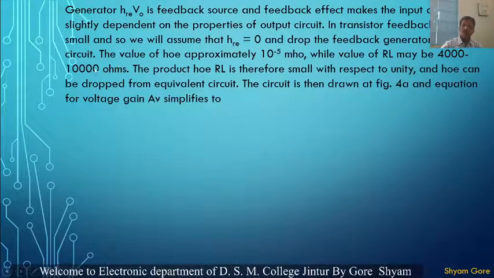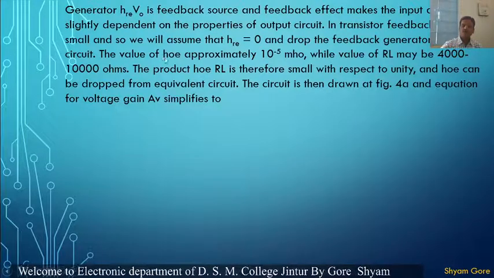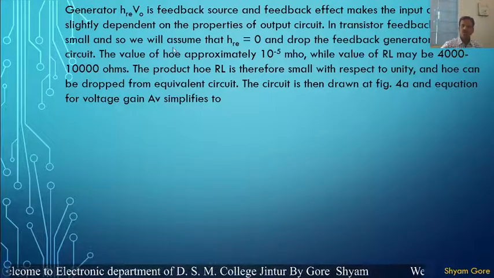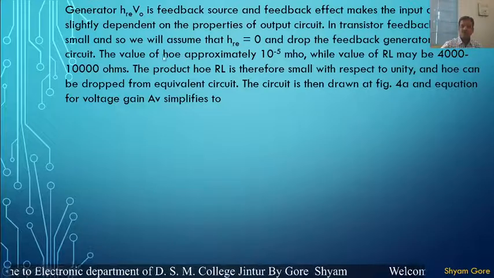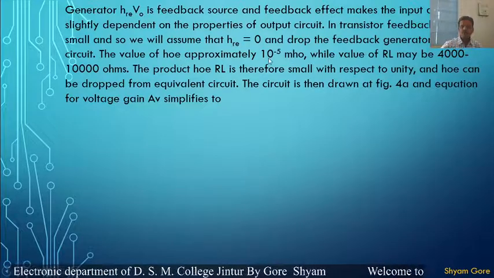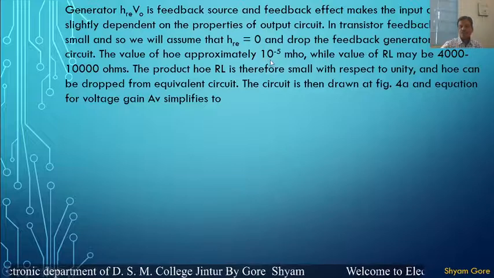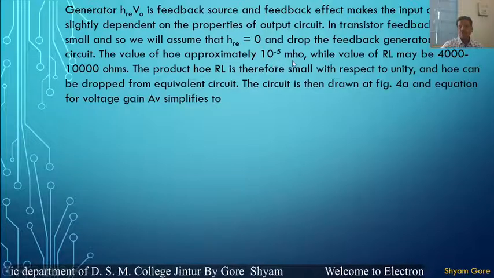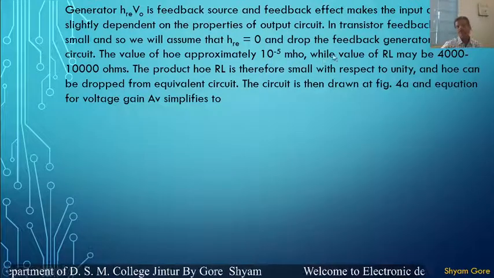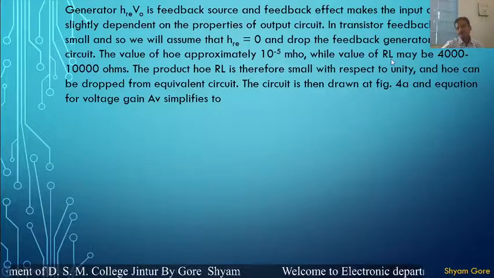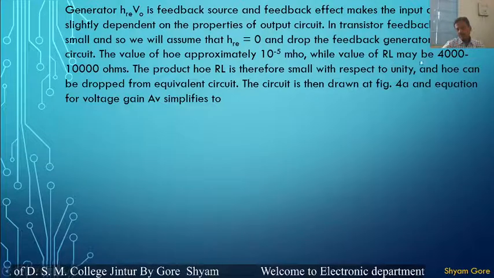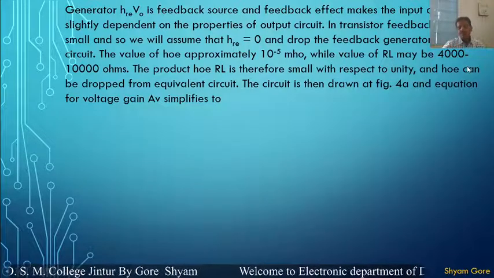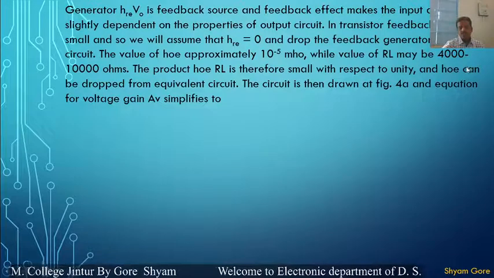Similarly, HOE is the output admittance, and its value is nearly 10 raised to minus 5 mho, while the load resistance RL may be 4000 to 10,000 ohm.